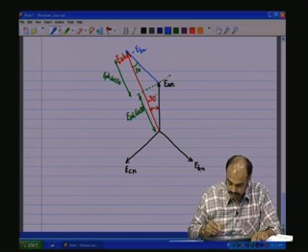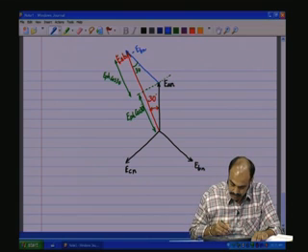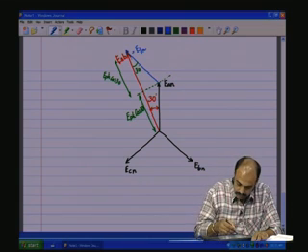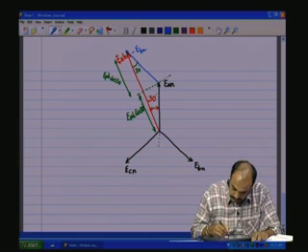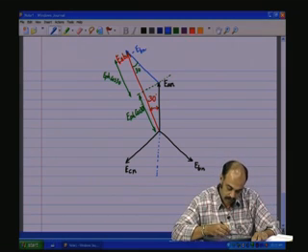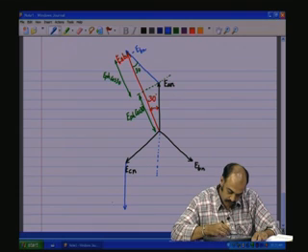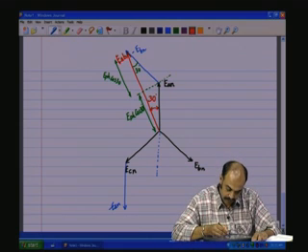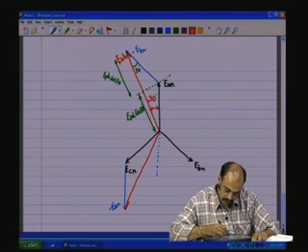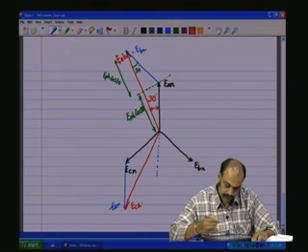If we take ECA, you have EAN which will be shown in the negative. So, you have ECN minus EAN and you have this vector which is ECA.